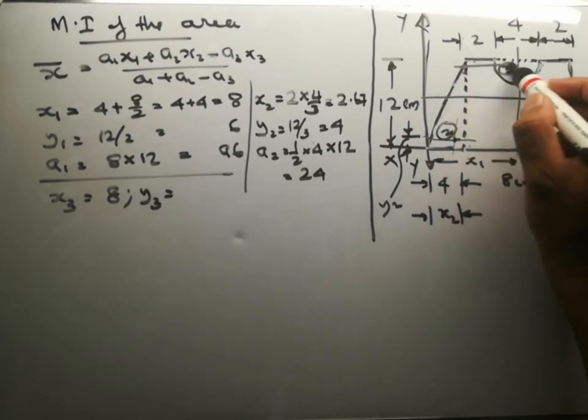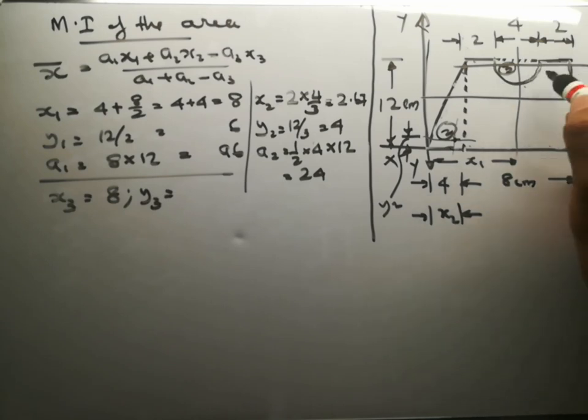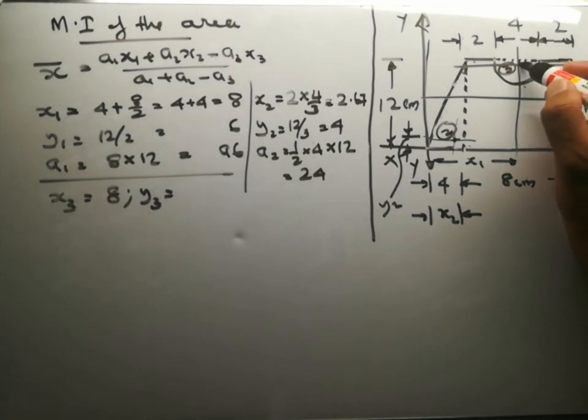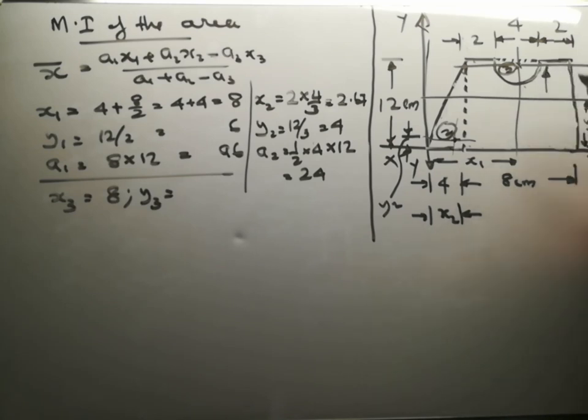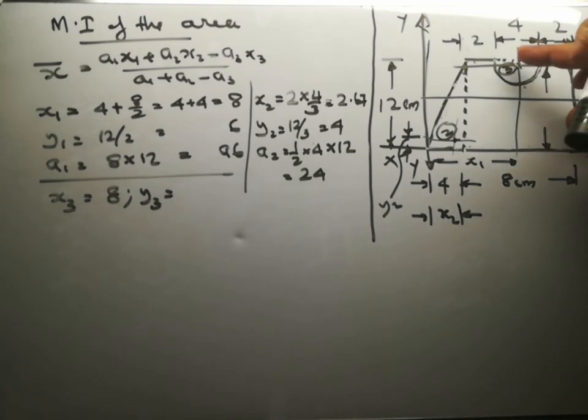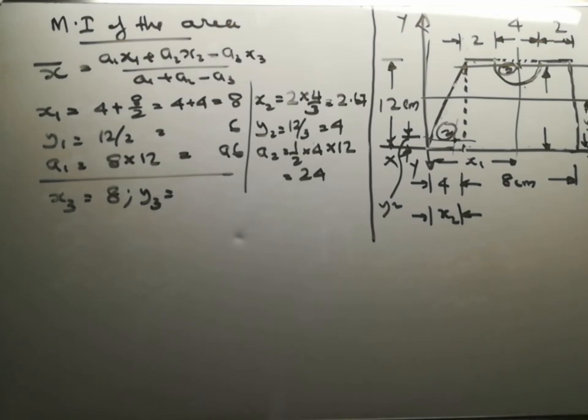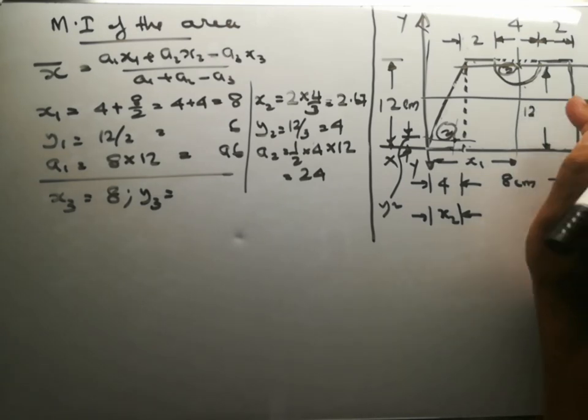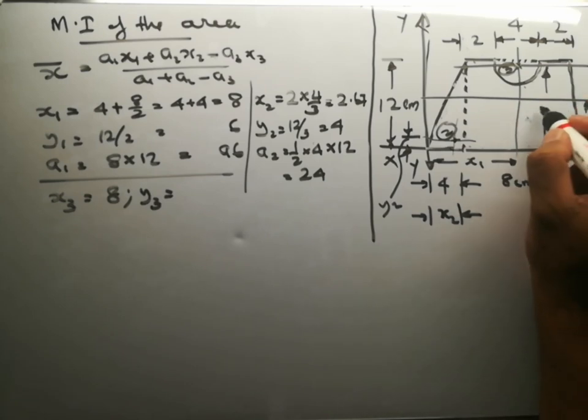So this will be the centroid of this semicircle. So this will be y3. That means 12 minus 4r by 3 pi. I'll write it here. This is y3.